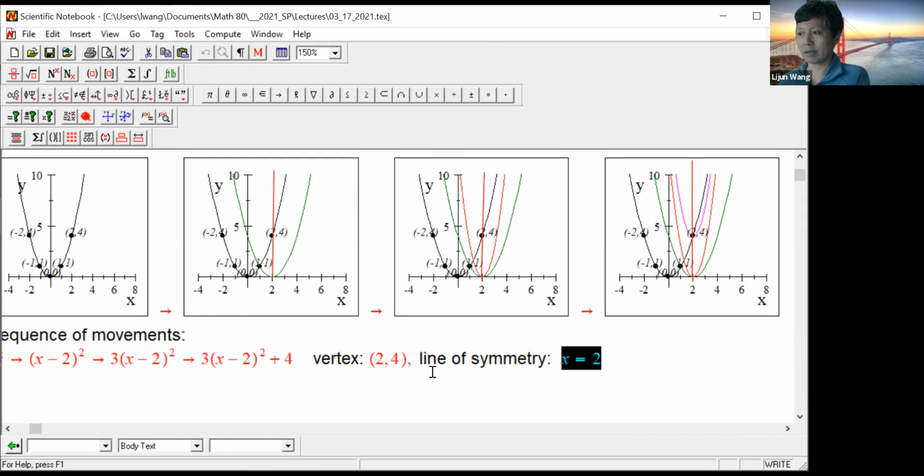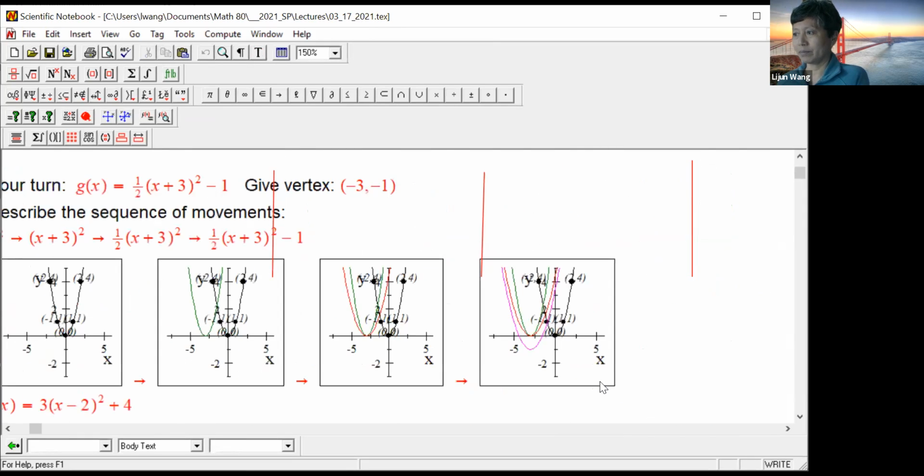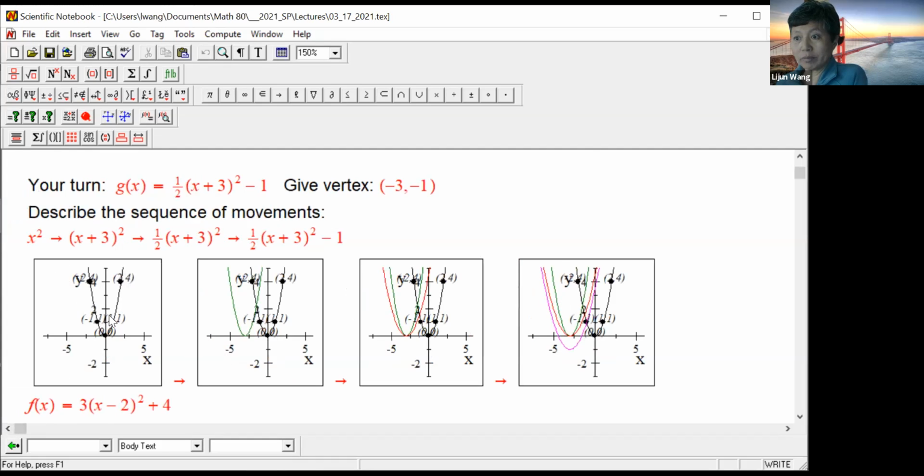Yes. Now, one more thing. The last example we did, x +3. If we look at the sequence of movement, when we do x +3, we shift it left by 3 units. And the line of symmetry has never changed, has never left that place. The line of symmetry stays there. And what is that equation?